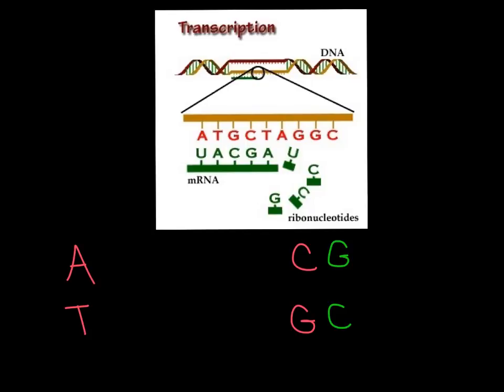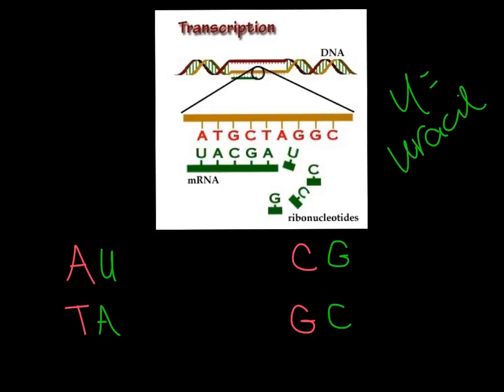If there is a T, thymine, in the DNA, the complementary base pair of the RNA is adenine. And if there's an A, adenine, in the DNA, this is the difference. Remember that in RNA, there is no thymine as a nitrogen base, but instead we have uracil. So the U is for uracil.